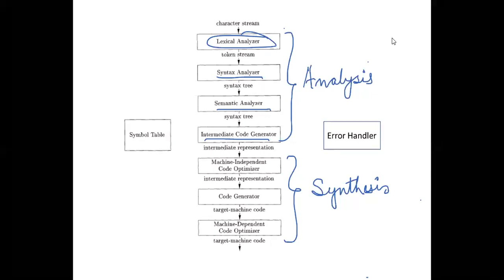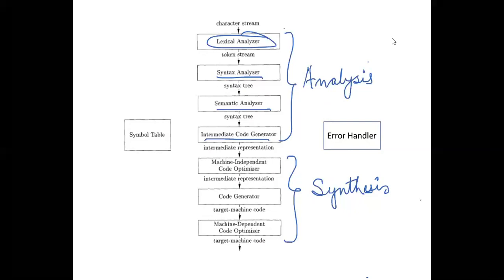And the process continues. So you have syntax analyzer, semantic analyzer, intermediate code generator, then machine independent code optimizer, code generator, and then machine dependent code optimizer. We'll go through each and every phase of this compilation process throughout our course.